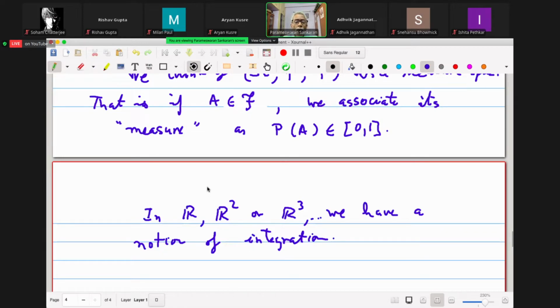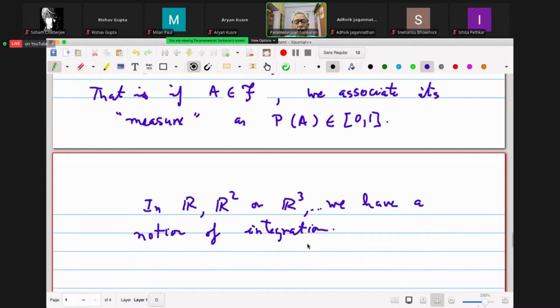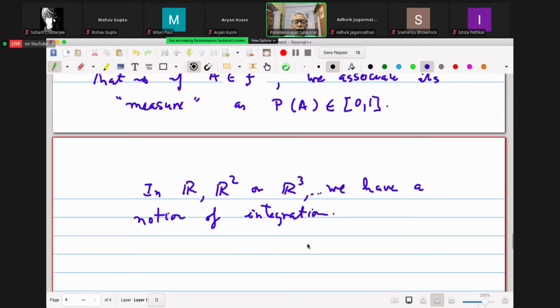Okay, and we want to be able to do similar type of thing on omega, and that's the main thing we want to do. Okay, how do we do that?